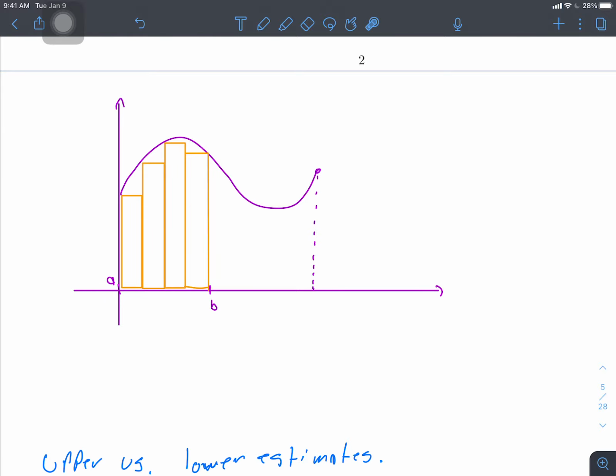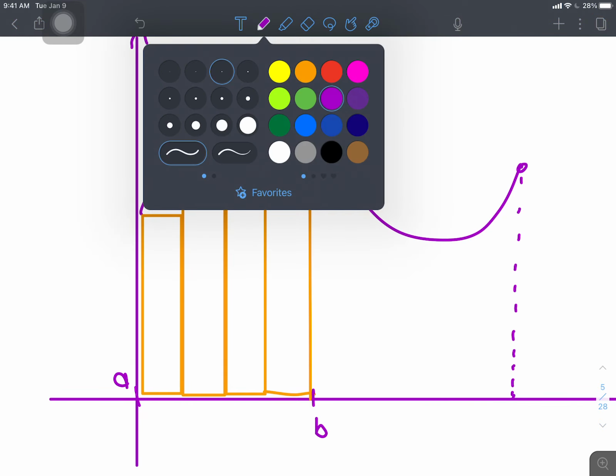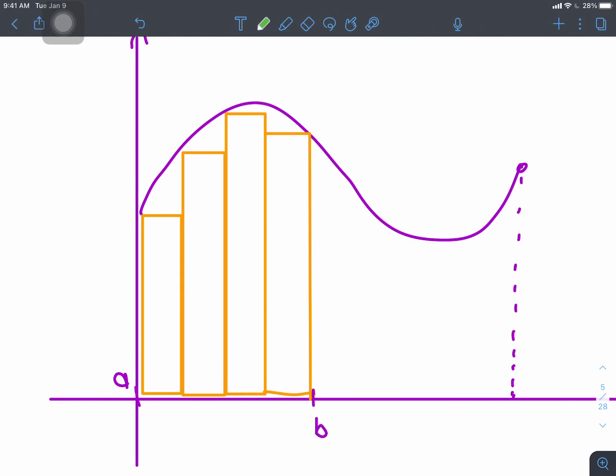Which is not bad, but we could do even better than this by using skinnier rectangles. So what if instead I used these green ones? I'm going to put one there, one here, one there, and one here.